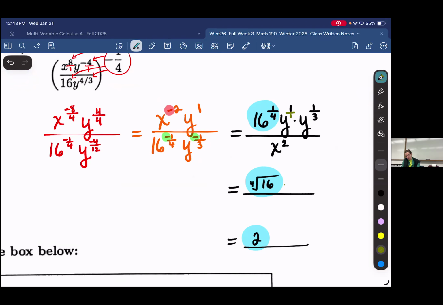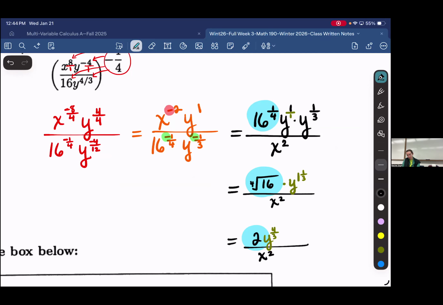You're adding them. So this is the same as 1 plus 1/3, which is just 1 and 1/3. And that's just 4/3. And then we have this x squared. So we can write it as 2y to the 4/3 all over x squared for your final result.